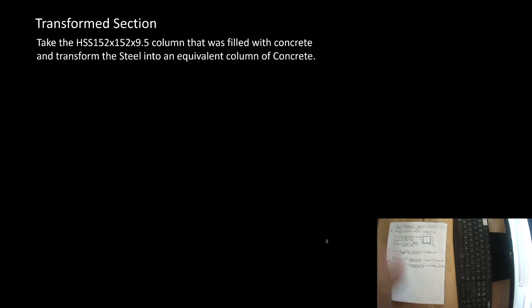So let's take a look at that HSS column that was filled with concrete. We want to transform the steel into an equivalent column of concrete. If that was actually all the same thing, what would that look like? We've already figured out the area. Let's make this bigger now.